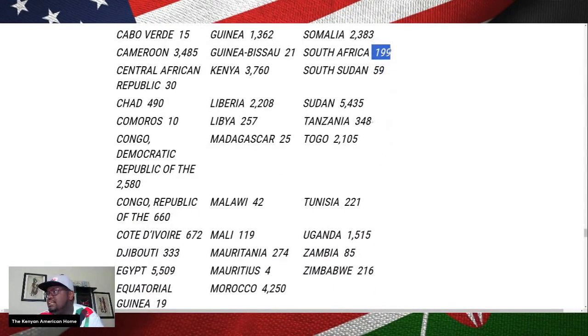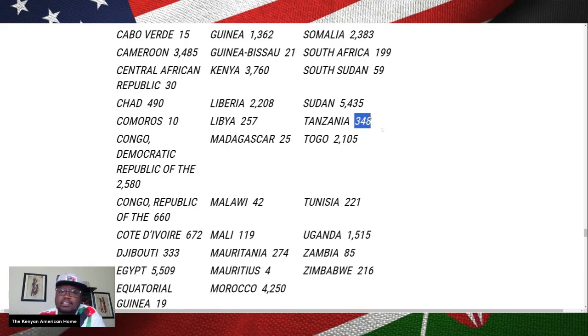Let's look at Tanzania. I think Tanzanians call it Tanzania. Americans call it Tanzania, but it's actually Tanzania. So Tanzania was 348 in DV 2024, and it actually went up from 165.